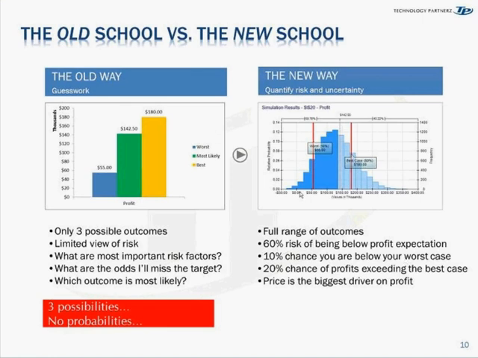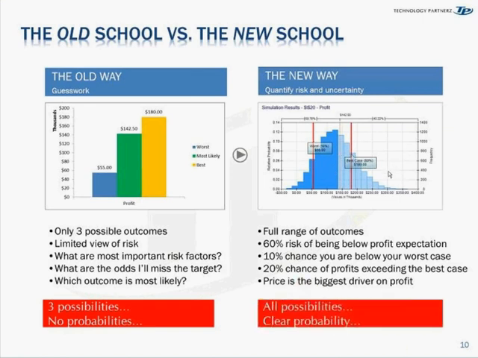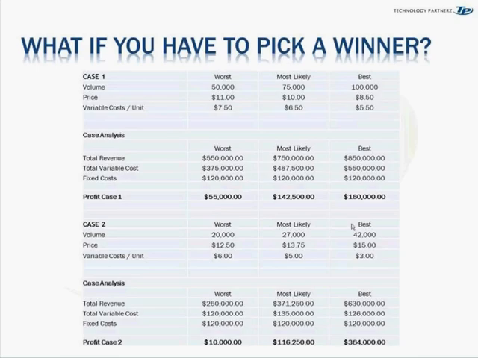There's a 10% chance that you're going to be below your worst case. You thought it was going to be 55, but actually it could be as low as minus 50. You have a 20% chance of doing better than that. And if you run your sensitivity analysis, you know that price is the biggest driver of your profit. So what you have is all the possibilities and clear probability, and that's what risk analysis does.